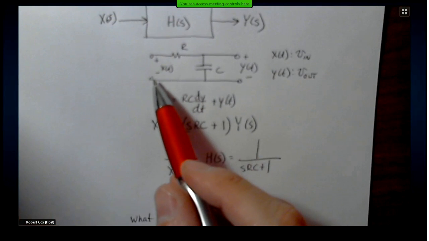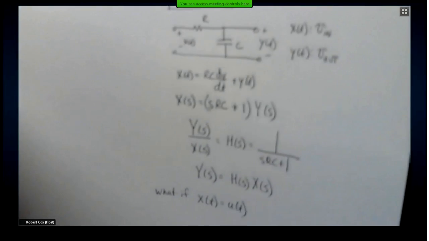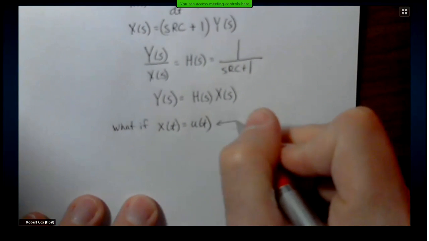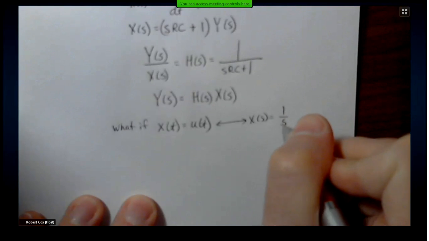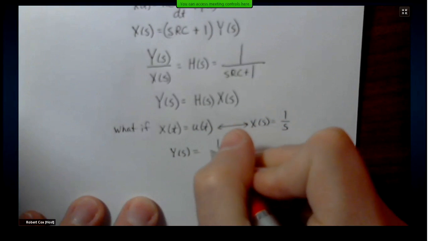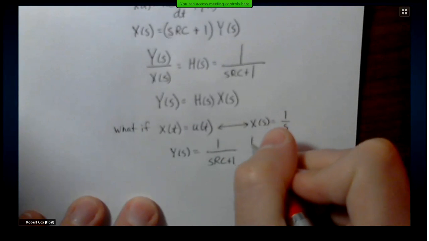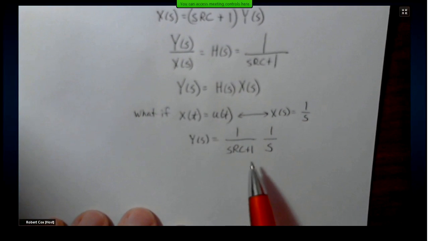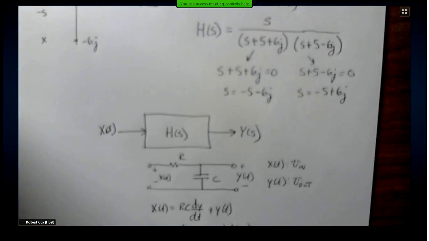That would be equivalent to connecting a DC source to this guy at t equal to 0. Well, if that's true, x of s equals 1 over s, and y of s equals 1 over sRC plus 1 times 1 over s. And I inverse Laplace transform to find what the response is if I apply a step to this thing.